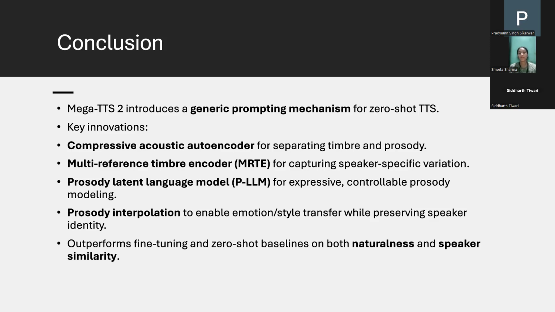Its multi-reference timbre encoder uses multiple sentences to capture vocal nuances, as on slide 17, while the prosody latent language model enables controllable expressive speech, as per slide 16. Prosody interpolation blends emotions like mixing happiness and sadness while preserving identity, as on slide 19.